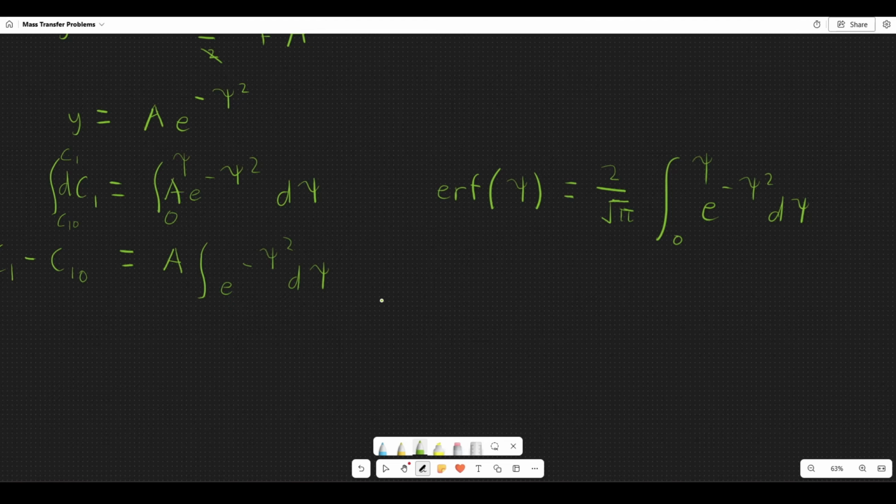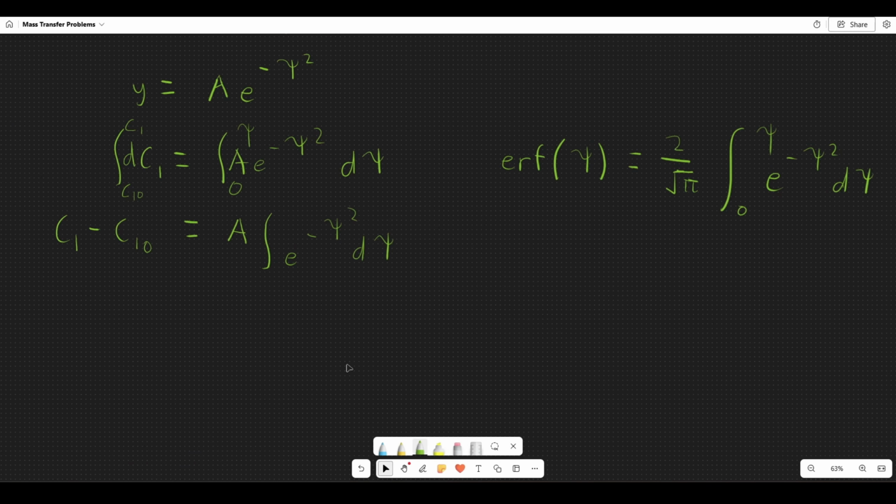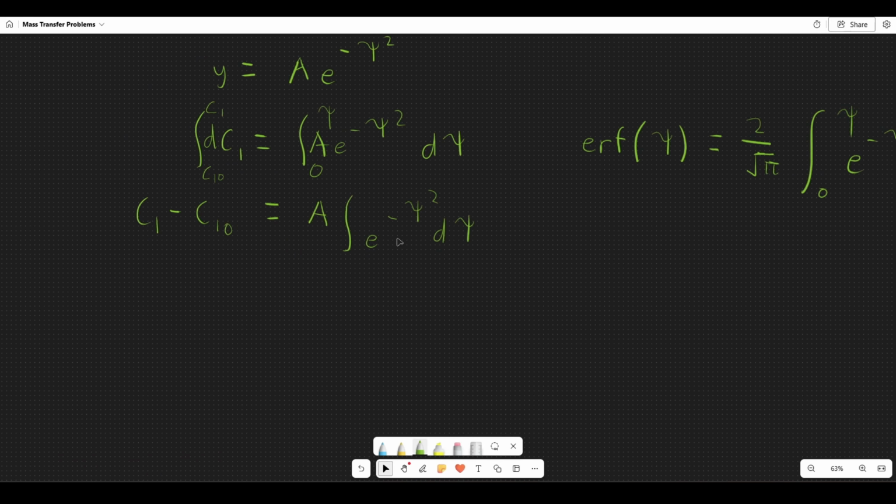Well, we just see it so often that it got its own name essentially. So this might be useful in other applications too. But you can recognize that this is the error function. And so going forward, what this means is that we can lump this term into this a term, just call it a new constant. And so we get c1 minus c1 naught is equivalent to a times the error function of psi. This is what that means.